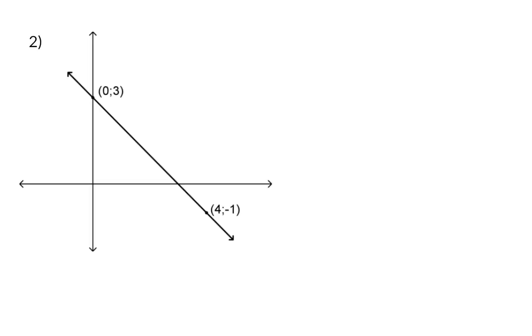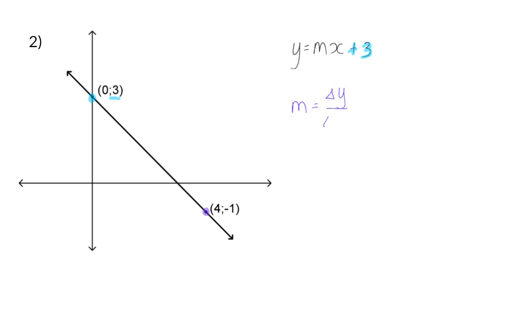In example 2, we are once again immediately given the y-intercept, so we can put that into the equation. This time, the second coordinate given is not the x-intercept, but the point 4, minus 1. To determine the m value, I'm once again going to have a look at the change in y over the change in x. And as I've mentioned, you can choose which point you see as the first coordinate and the second coordinate.